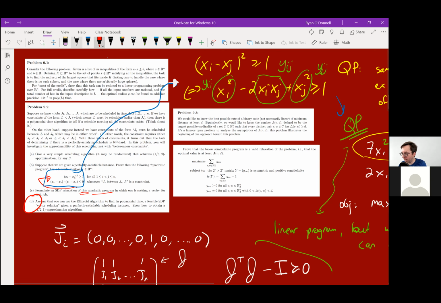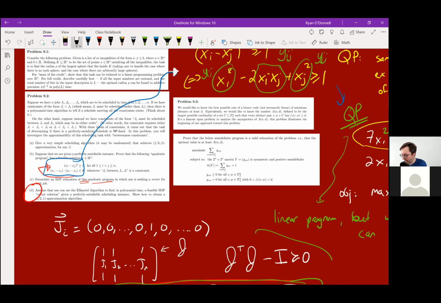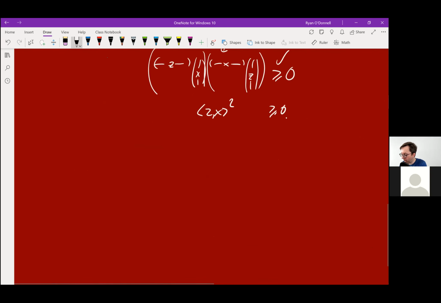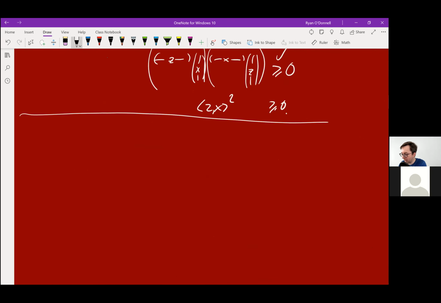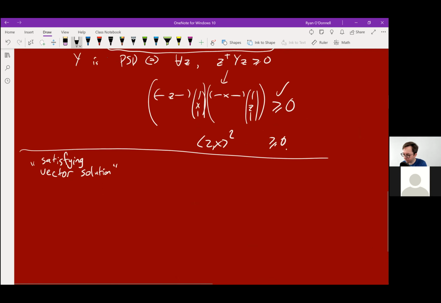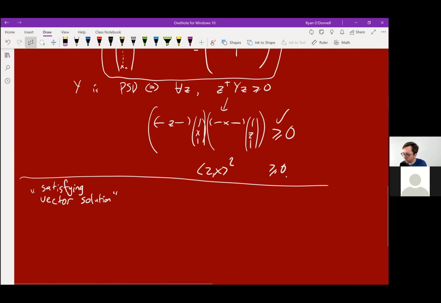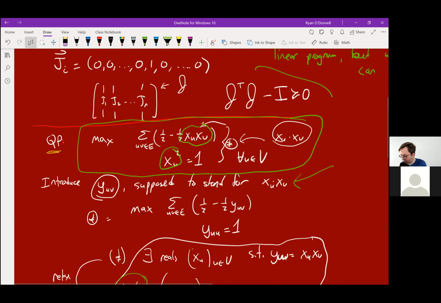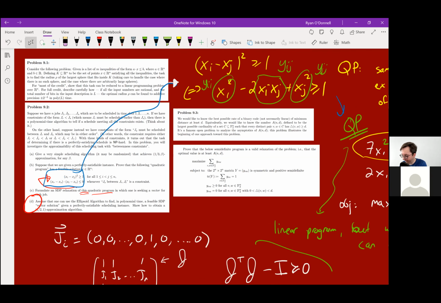So maybe you can tell me, at least according to how you did it, what is the meaning of a perfectly satisfying vector solution, maybe geometrically or in any way? Or you didn't get to that part yet?